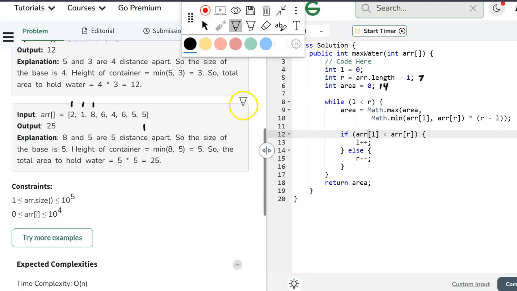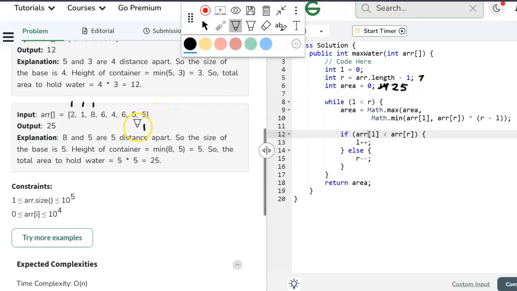Now we've got an 8. So the area here is the min of 8 and 5, which is 5, times the width, R minus L. R minus L in this case is 7 minus 2 is 5. So 5 times 5 is 25, and that's better than what we had already. So we'll go 25.